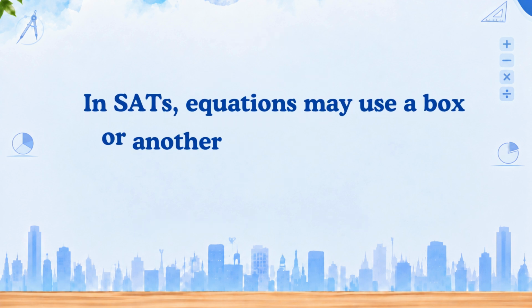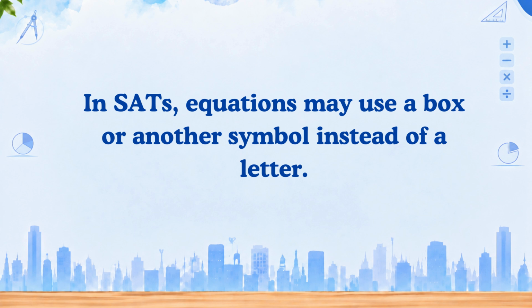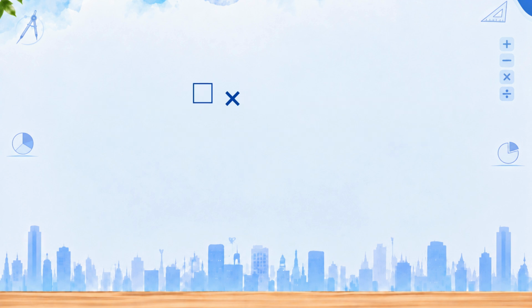In SATs, equations may use a box or another symbol instead of a letter. For example, a square times 6 equals 54. To find the missing number, we do 54 divided by 6, which is 9.